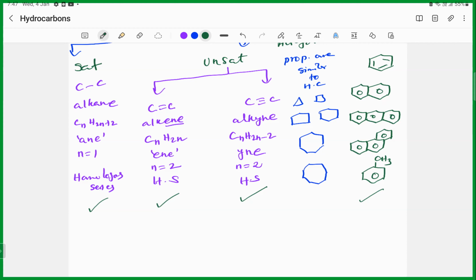I think here it doesn't have hybridization in this lesson. Do you have hybridization of methane, ethane, and ethylene? Once again, I will check with your NCERT book.